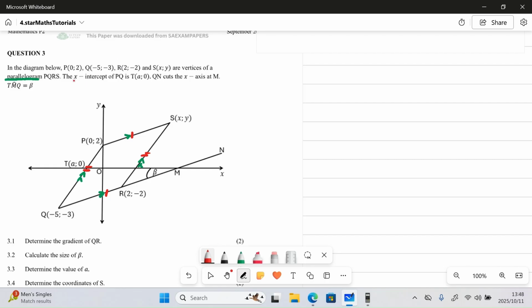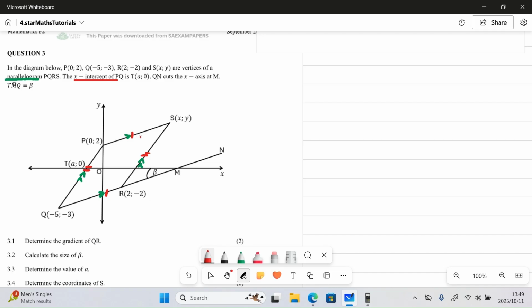Then the x-intercept, they're telling us the answer. The x-intercept of PQ, meaning if I want to calculate the coordinates of T, I need to find the x-intercept of PQ. And for the x-intercept, we know that y is equal to 0.